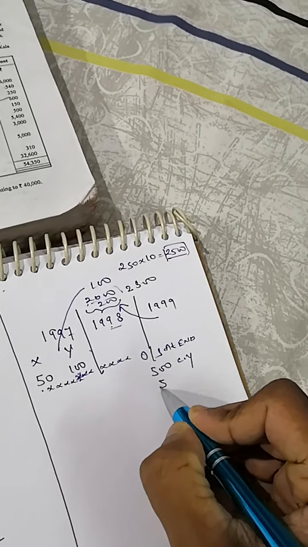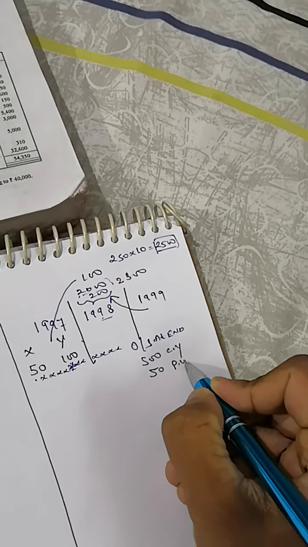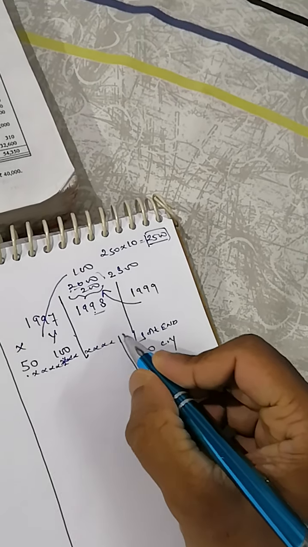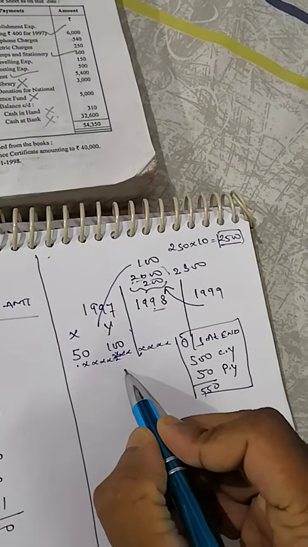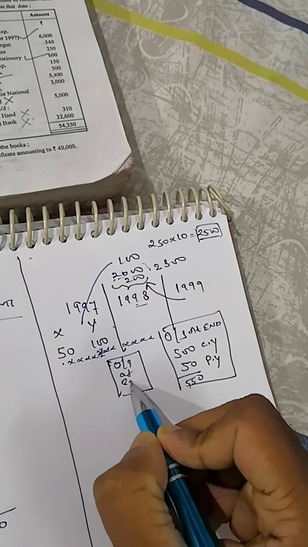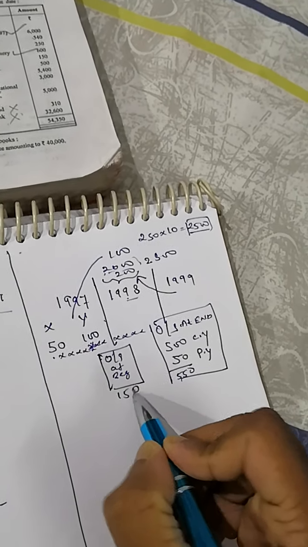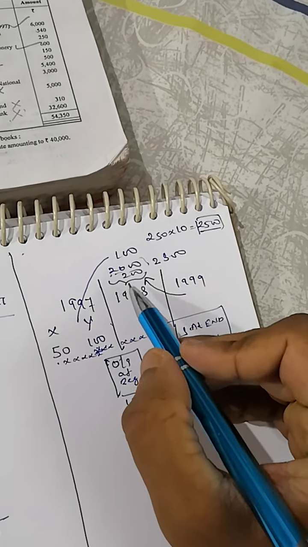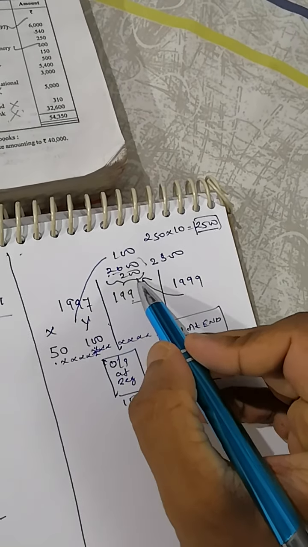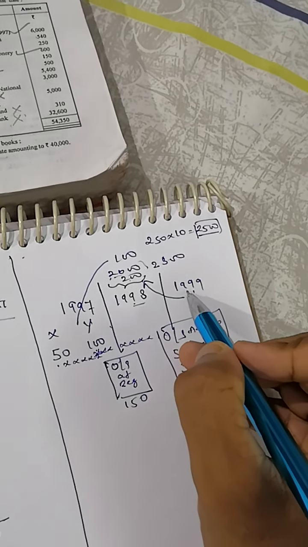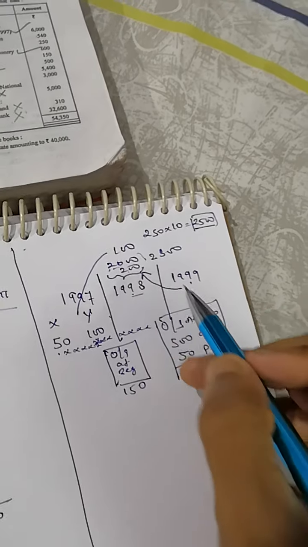So the total amount, this is previous year, the total amount is 550, and outstanding at beginning is 150, and in 1998 someone has paid the future fees of 1999 in advance.